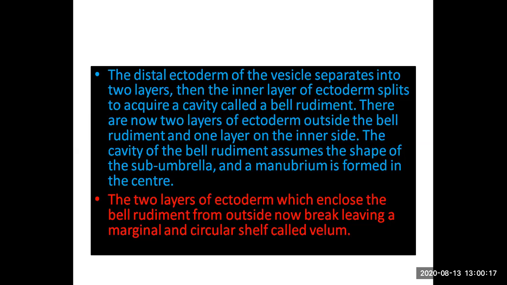The cavity of the bell rudiment assumes the shape of the subumbrella and the manubrium is formed in the center. The two layers of ectoderm which enclosed the bell rudiment from the outside now break, leaving a marginal circular shelf called the velum.